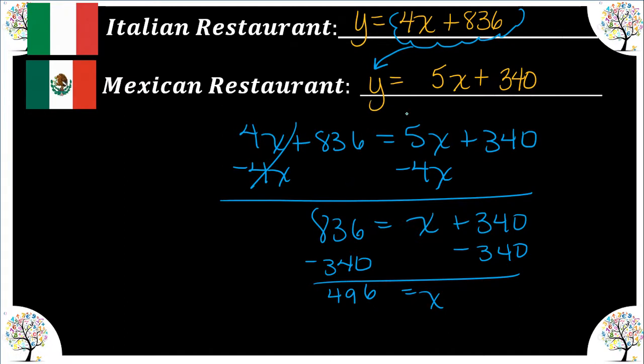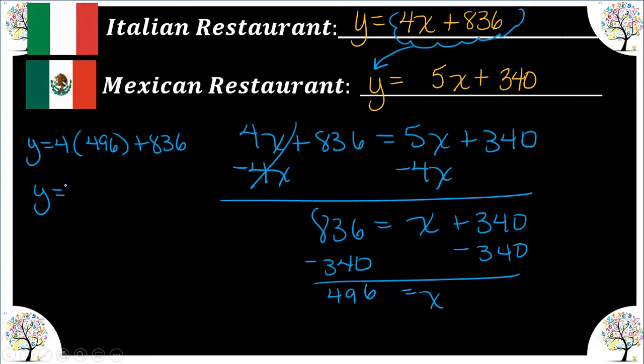And then we could plug this in to see how much total amount each restaurant will contribute. So they're contributing each an upfront amount. In addition to that, they're going to contribute per dinner sold. So I'm going to plug into just my first equation, y equals 4 times 496 plus the 836 to see the total amount raised.